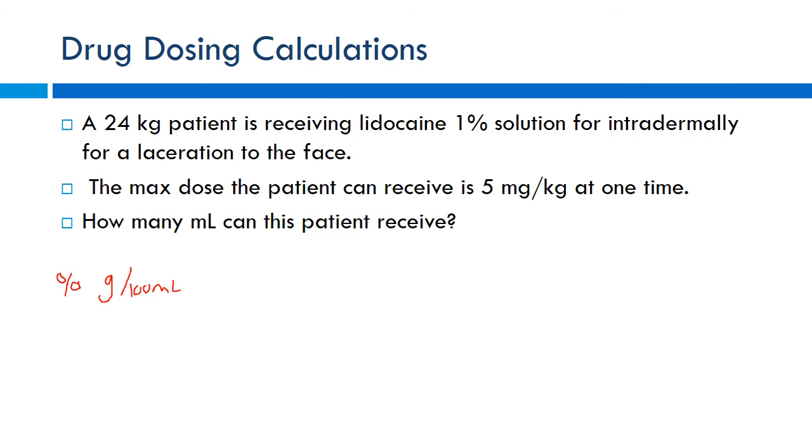A handy trick you'll find when dealing with percent solutions is that if you start out with a 1% solution, all you have to do to convert it to milligrams per mL is move the decimal spot over one place. So for a 1% solution, the concentration is 10 milligrams per mL.